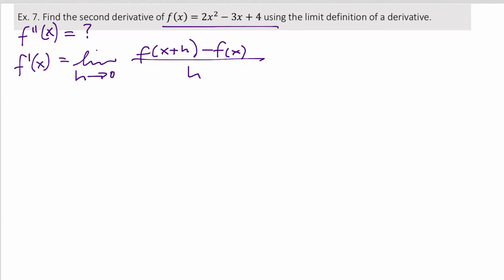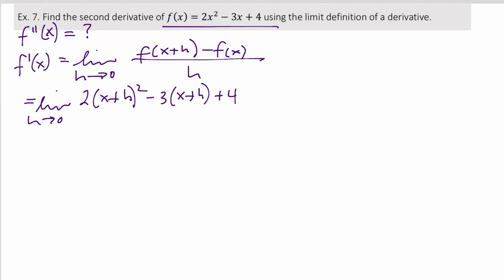So I'm going to substitute. So this is going to be the limit as h approaches 0 of substituting x plus h for x, then subtracting the function, which is 2x squared minus 3x plus 4. All right, so that's my numerator. So this is all over h.